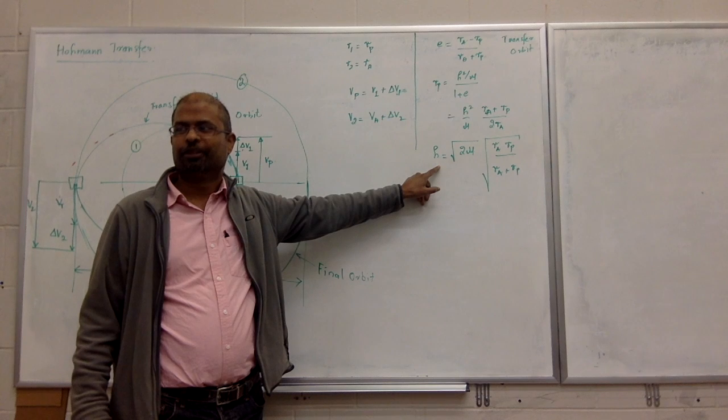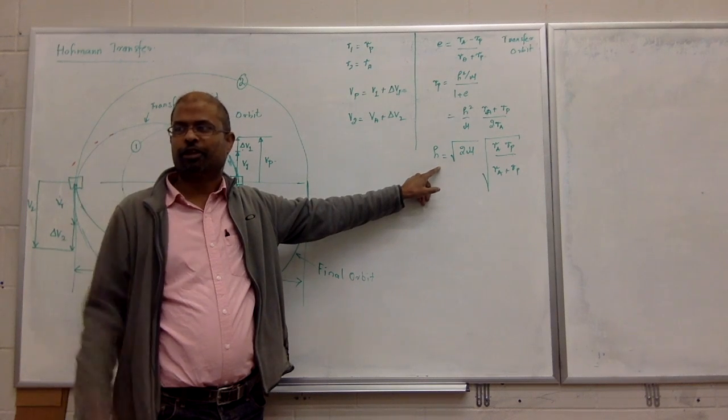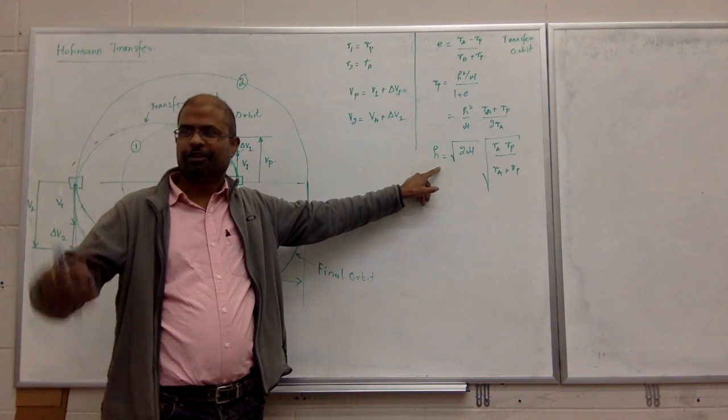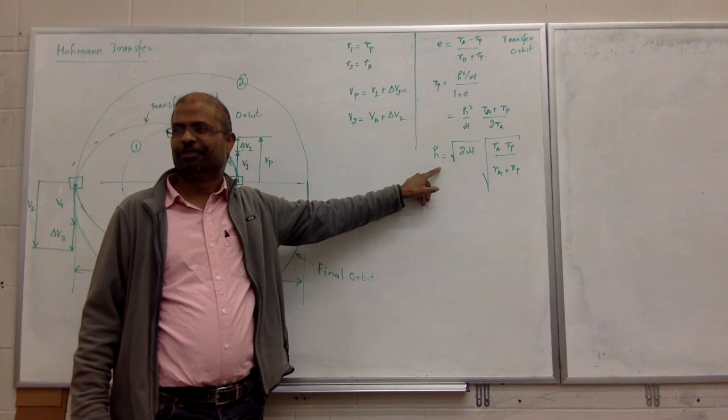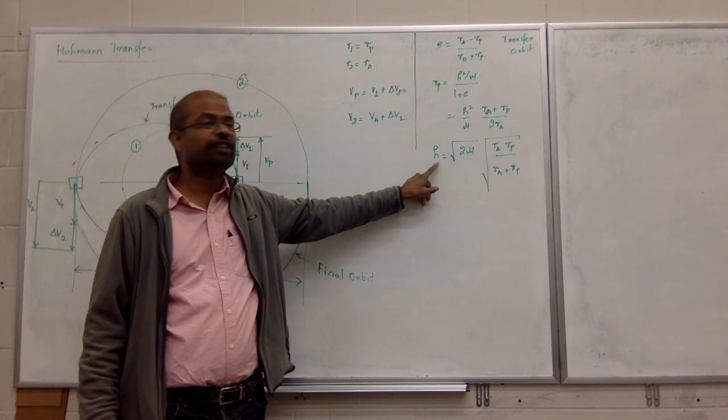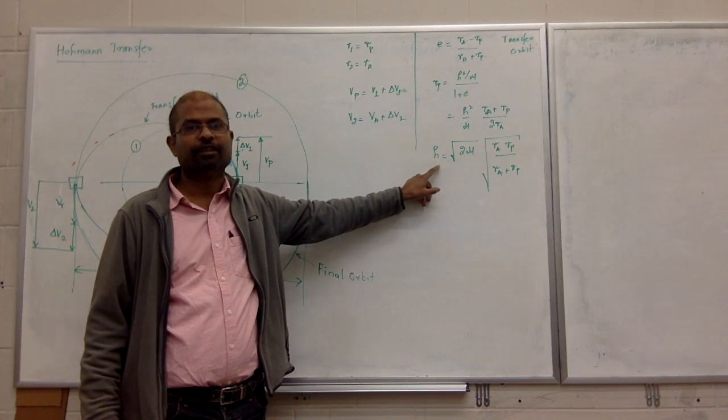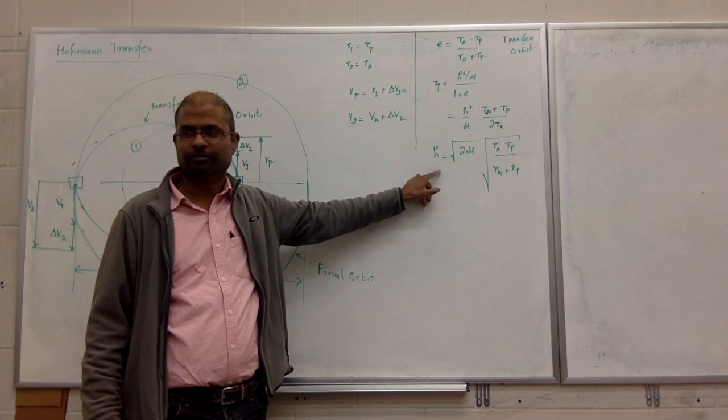You don't want to be so foundational that you define the whole thing again. So this is the HT, transfer orbit. Does that make sense?